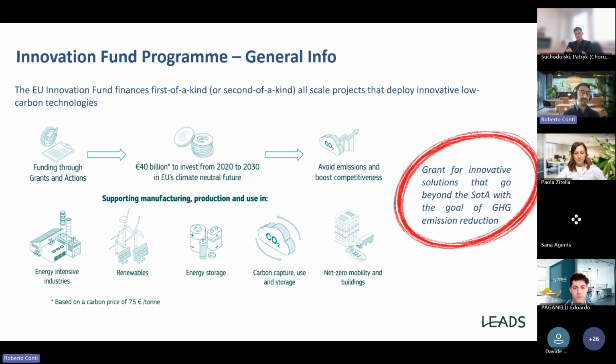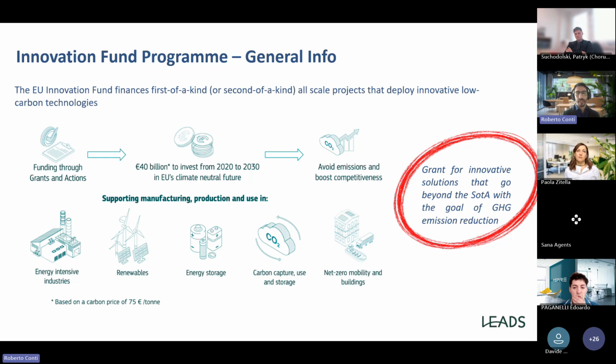The Innovation Fund is financed by revenues from the European Emission Trading System, the ETS, and for this reason, the primary objective is to support projects that deliver substantial and verifiable reduction of CO2 emissions.